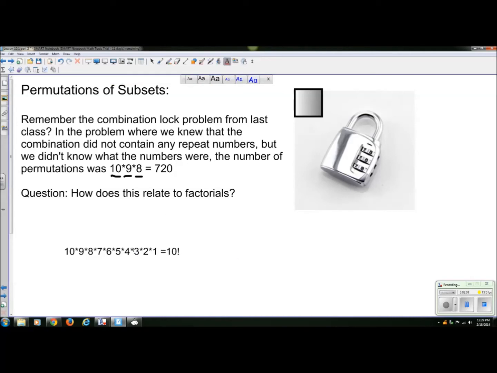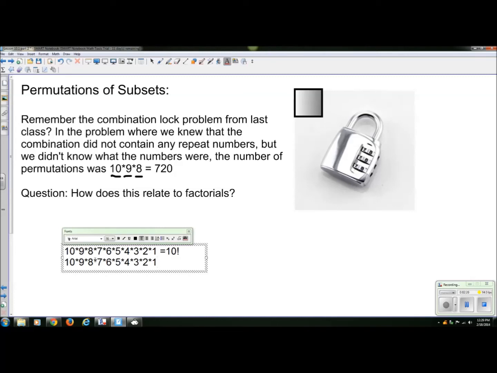Alright, so how do we get rid of those guys? Well, we'd like to cancel them. And you can cancel multiplication by doing division. So what should we divide out? Well, we only want to divide out 7 times 6 times 5 times 4 times 3 times 2 times 1, right? Note that that is, by the way, 7 factorial.